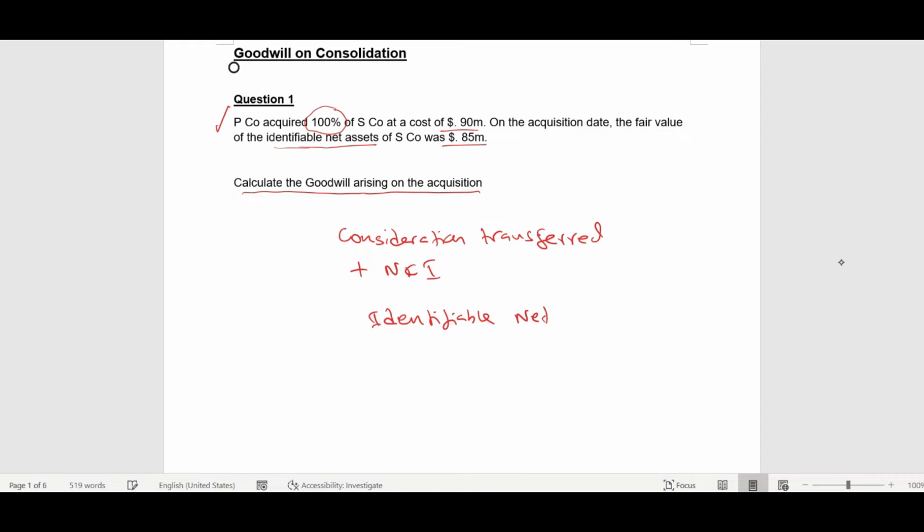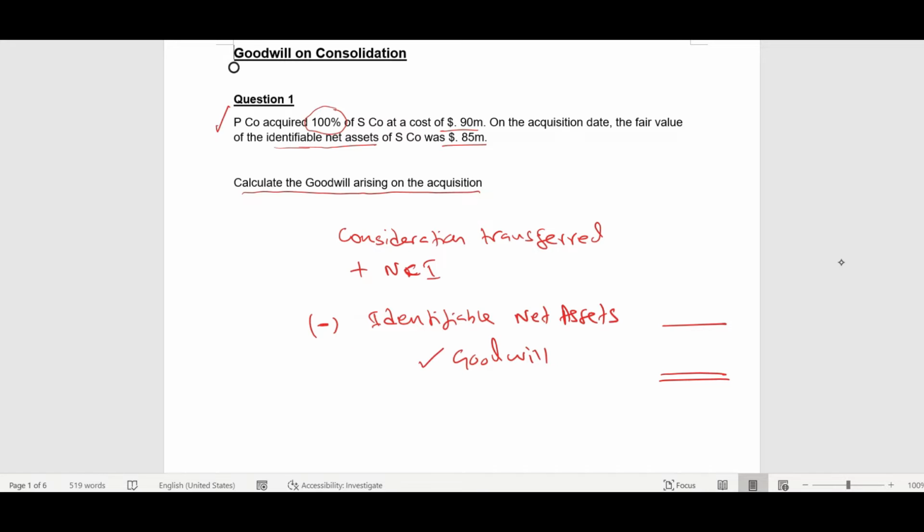When you take the difference, you can identify the goodwill. So if you deduct the identifiable net assets at the time of the acquisition of the acquiree from the consideration transferred plus the non-controlling interest, you can identify the goodwill.